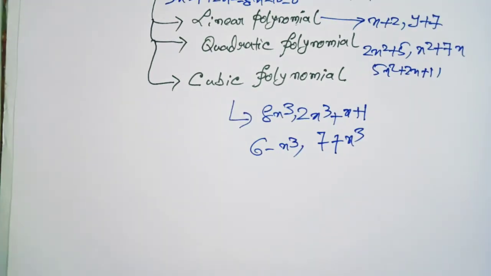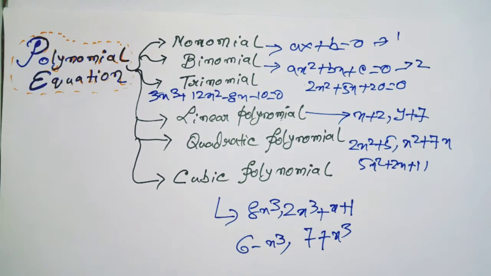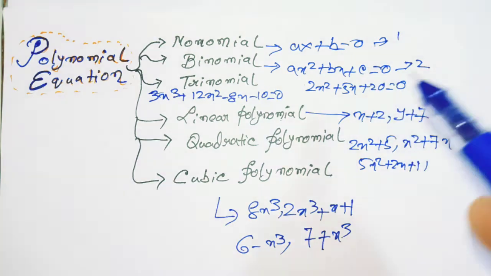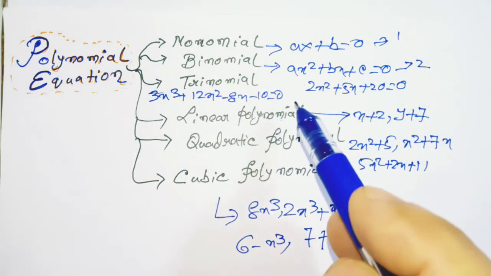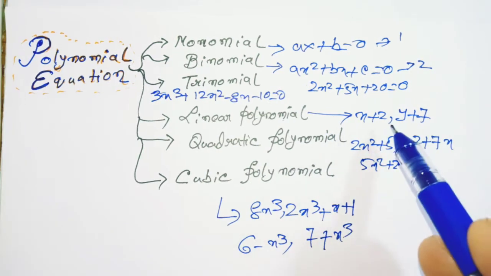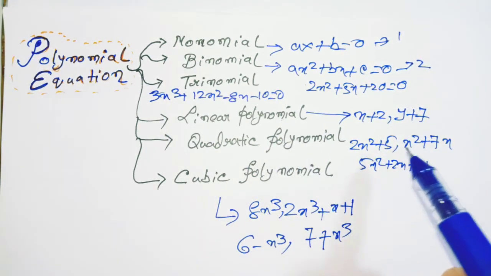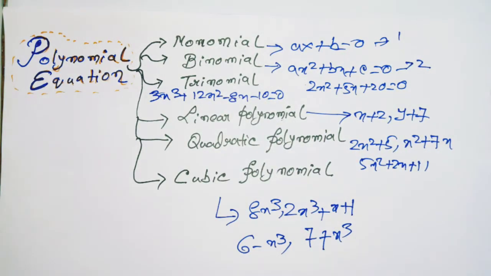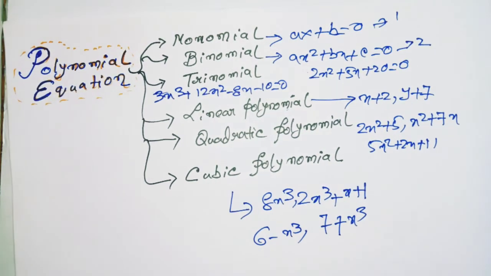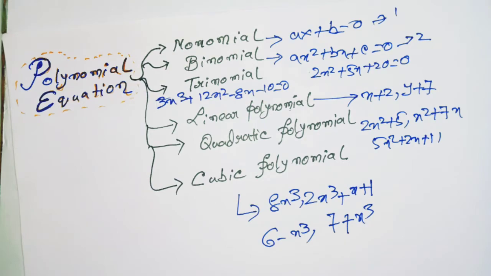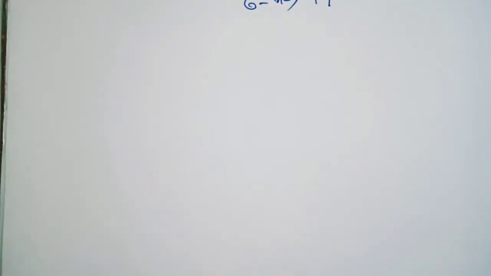So these are just an overview to understand polynomial equations: monomial, binomial, which has got power 2, trinomial, which has got power 3, linear polynomial, power 1, quadratic polynomial, power 2, and cubic polynomial, which is power 3. Just to give you a basic idea of what the different types of polynomial equation are. Now, if I come back again to our original definition of a polynomial equation.